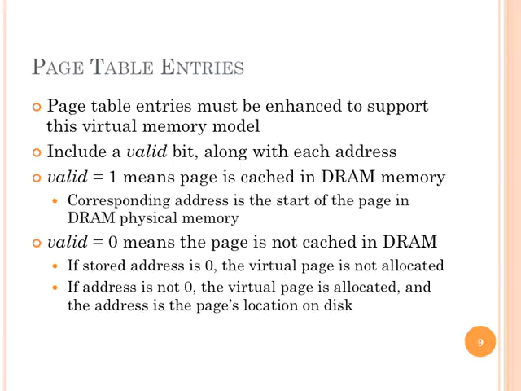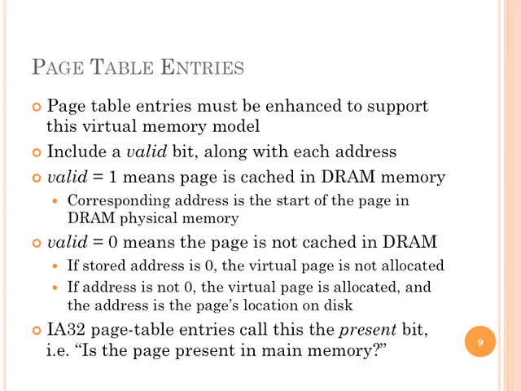If valid is 0, then they'll use that address to say this is where on the disk this data is stored. So you see here, if the address is not 0, the virtual page is allocated, and the address is the page's location on disk. If the stored address is 0, so the valid bit is 0 and the stored address is 0, we know that this address range is simply not in use. So we can represent different things by using these bits.